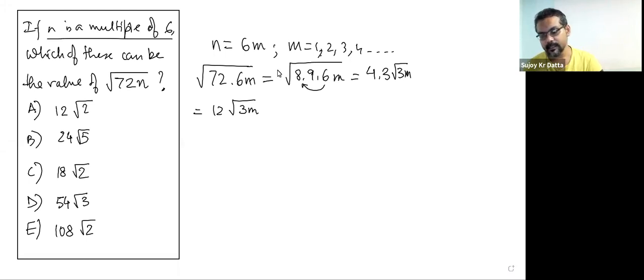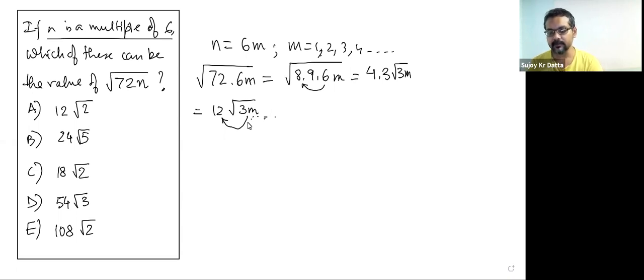Now see, m could be any of these. So m could be 1, 2, 3, 4, and so on. If m is 1, 2, a non-3, then you will always have a 3 multiplied with something else inside the root. And if m becomes a 3, then the 3 and 3 will combine and go outside, making that 36. Obviously, something else can also come out of the root, because say for example, m is 3 times 4, then a 3 will go out, and also the root over 4 is 2, so 2 will also go out.